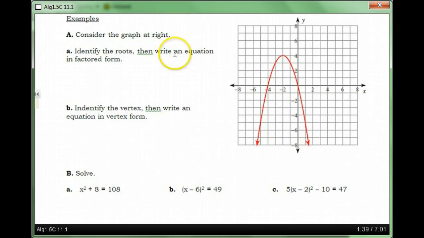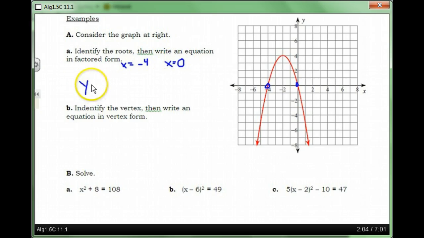The first example says, consider the graph at right, identify the roots, then write an equation in factored form. So the roots are right here and right here. Again, the x-intercepts, so where the graph crosses the x-axis. So in this case, the roots would be x equals -4 and x equals 0.